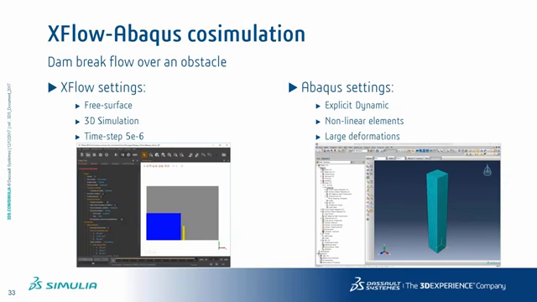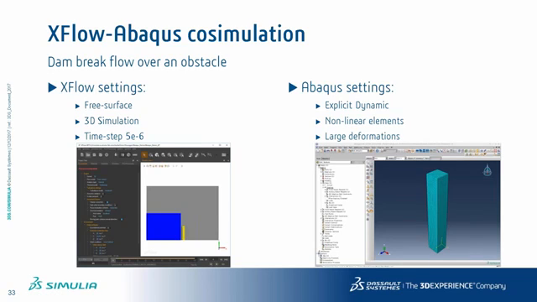The key things to remember in this demo are that we are using the newly developed co-simulation engine, CSE, and it's a free surface simulation, of course. We're going to do a 3D simulation, although it looks like 2D, it's just a 3D slice. And we're using Abaqus on the right-hand side, explicit dynamic, large deformation formulation, and nonlinear elements.